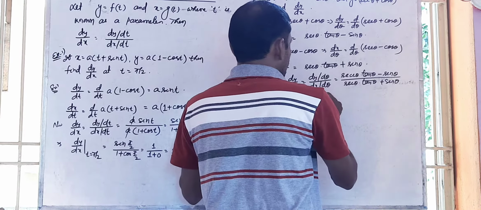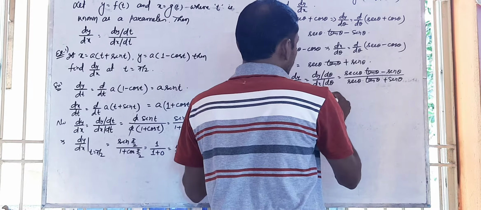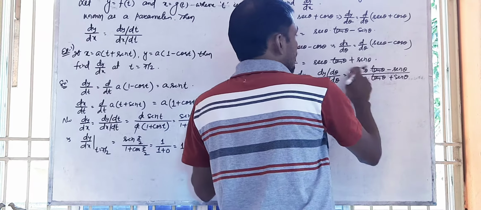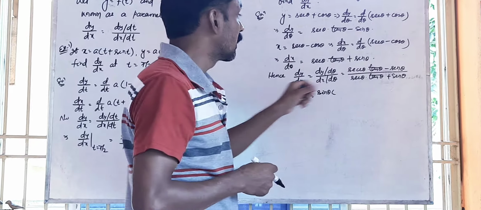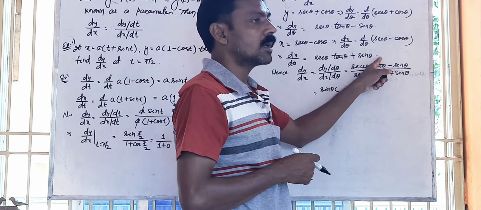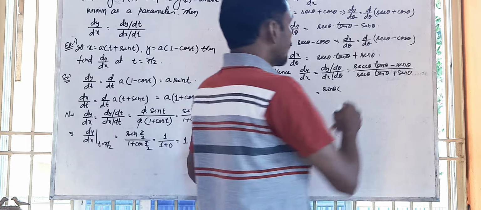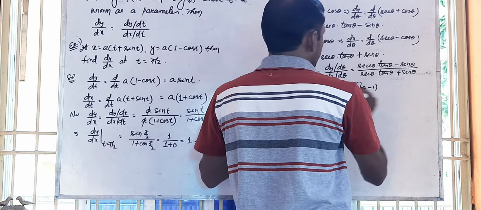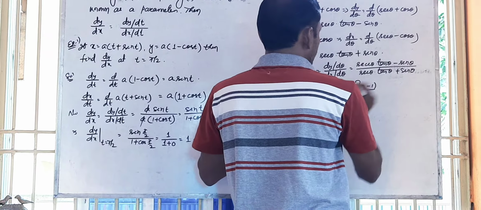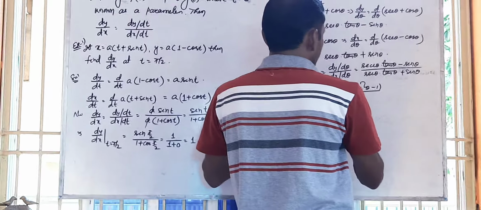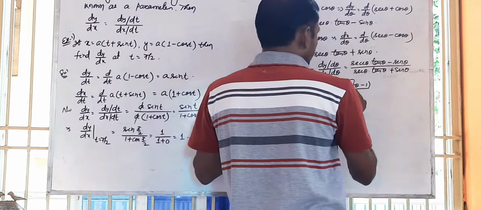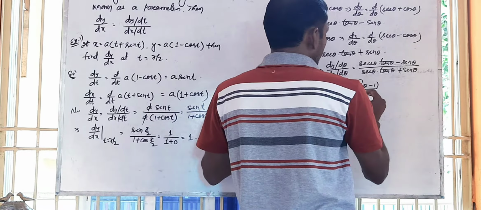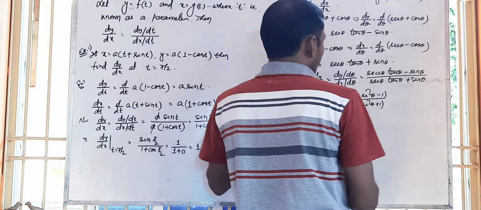So if we take sin theta common, then it is sec theta into 1 by cos, and 1 by cos is also sec. So sec square theta minus 1, by, again taking sin theta common, sec square theta plus 1.